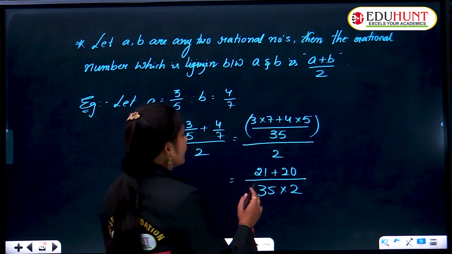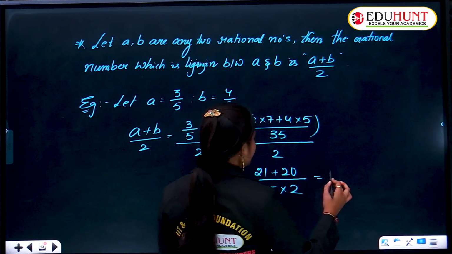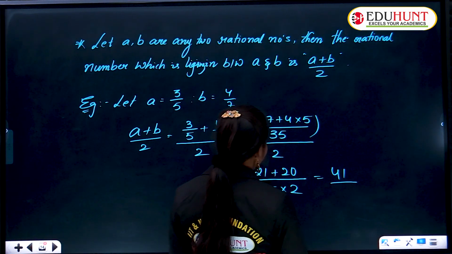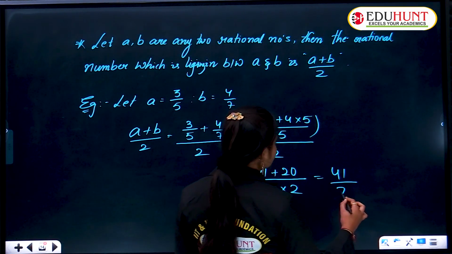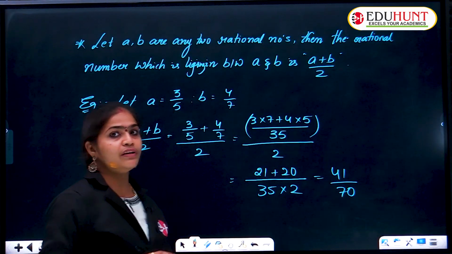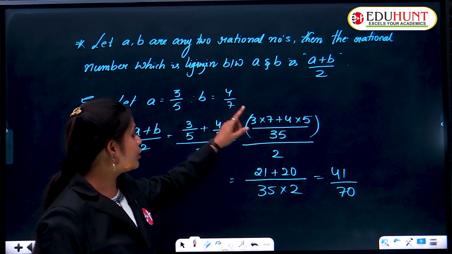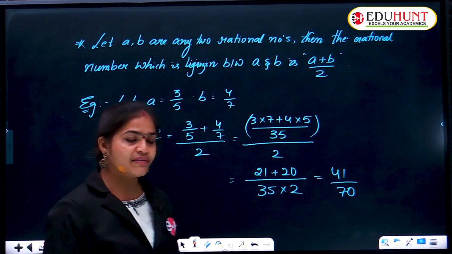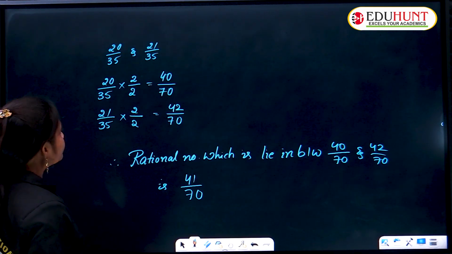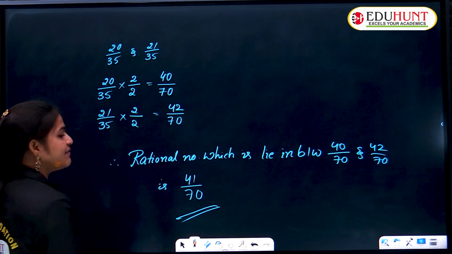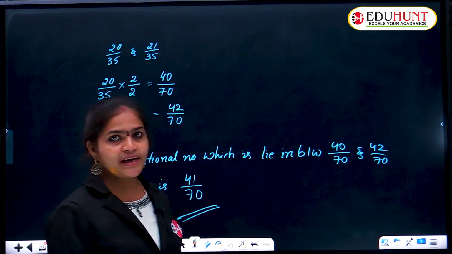Now here 21 plus 20 which is equal to 41 by 35 into 2, which is equal to 70. So we got that the number which lies in between 3 by 5 and 4 by 7 is 41 by 70. Exactly in between.